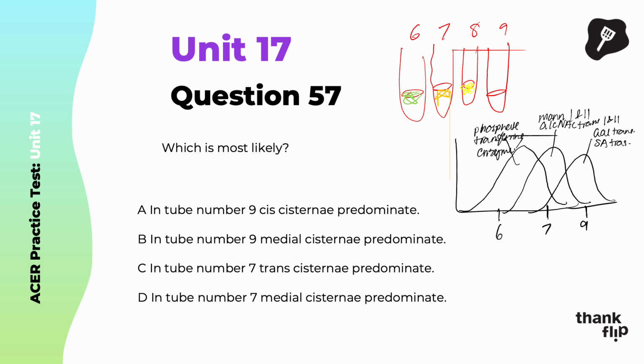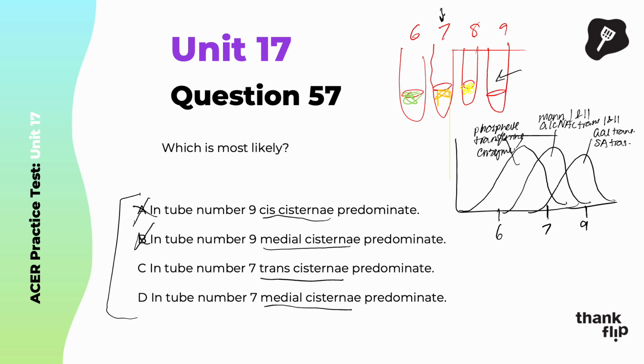Now, we are trying to figure out which of the following is most likely. So, whether or not cis cisternae predominate, medial cisternae predominate in tube number 9, or trans cisternae versus medial cisternae in tube number 7. Now, in tube number 9, we don't actually have anything in our diagram, so that's why I would eliminate both A and B, right? Now, for C and D, we have tube number 7, so we have this one here.